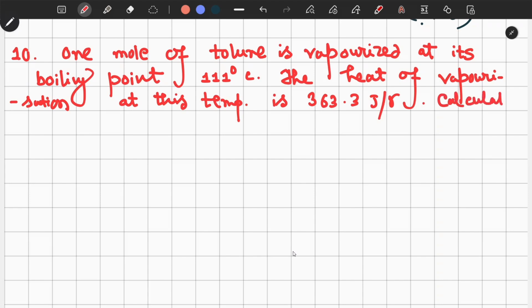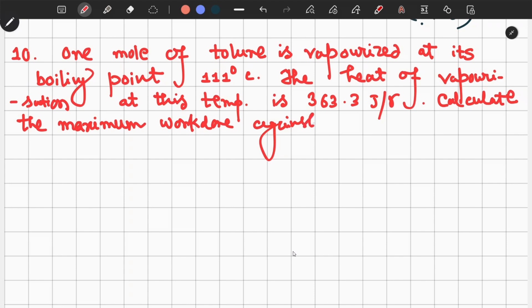Now they ask: calculate the maximum work done against 1 atm.